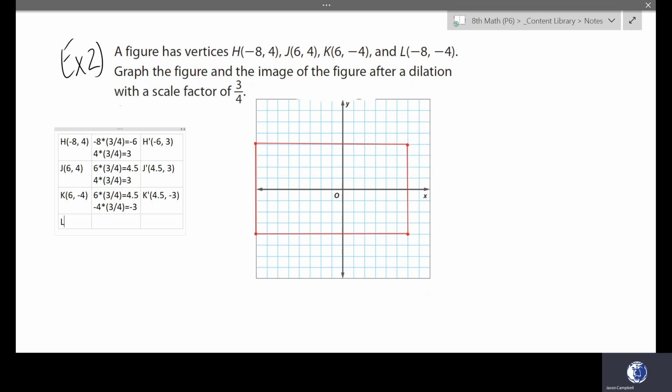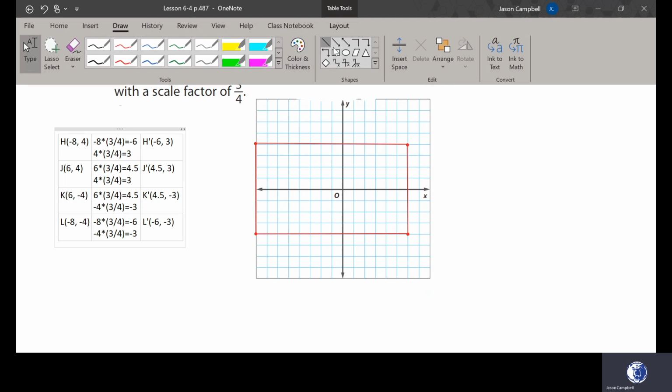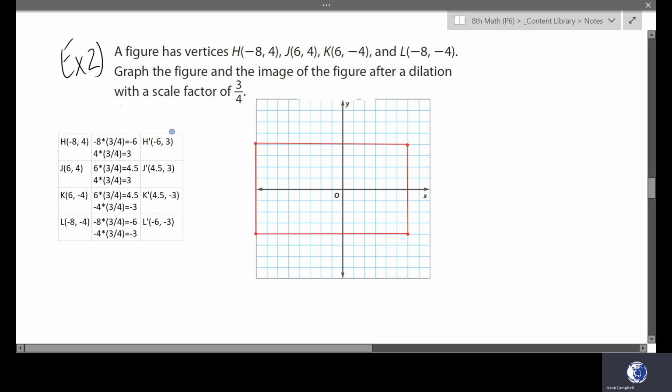And then finally L, which was located at -8, -4. We can do -8 multiplied by 3/4, and we can do -4 multiplied by 3/4. So our new points for L prime are -6, -3. And so if I plot my new points, H prime is at -6, +3.